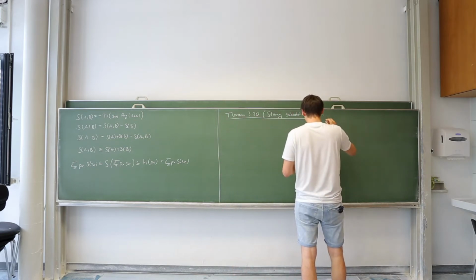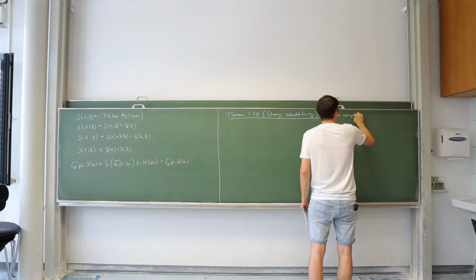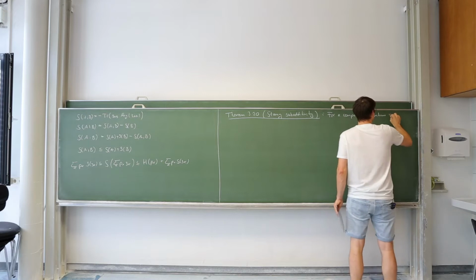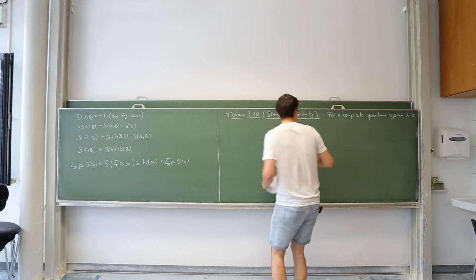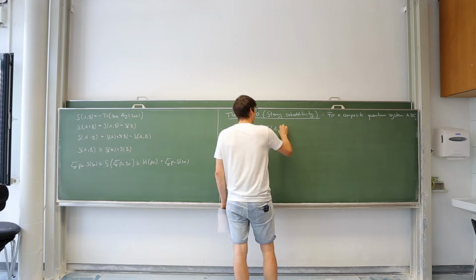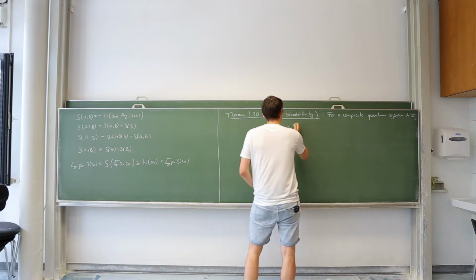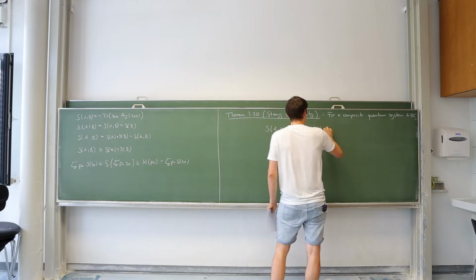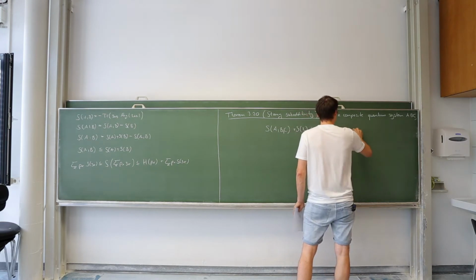For a composite quantum system A, B, C, we have that the joint entropy S of A, B, and C plus S of B is smaller or equal to S of A and B, so the joint entropy of A and B, plus the joint entropy of B and C.